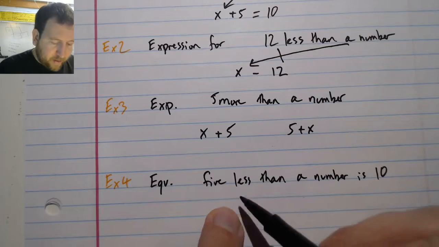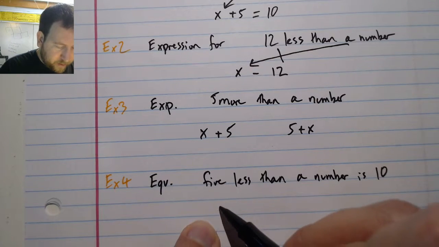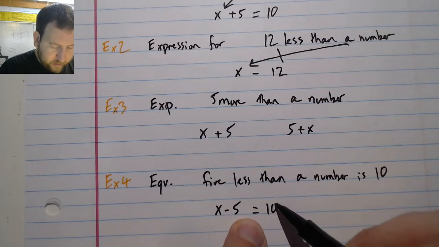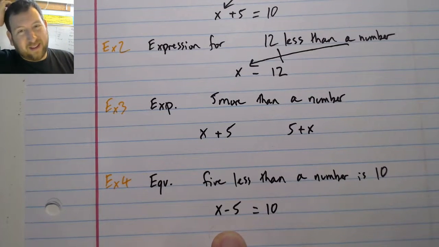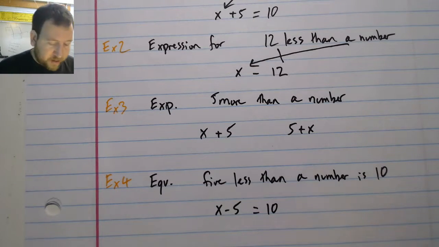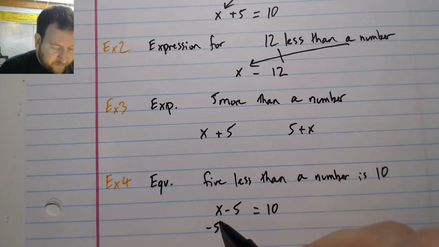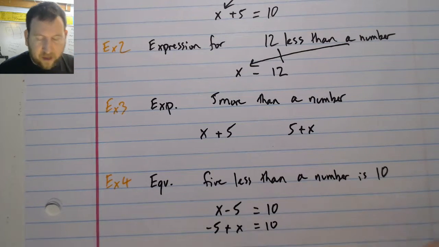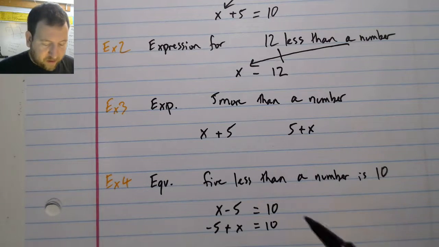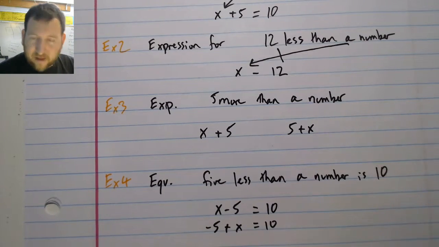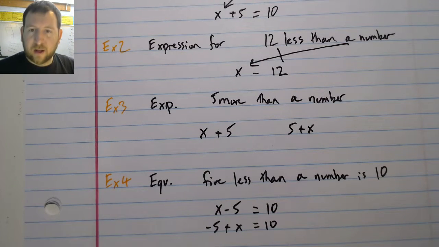All right, 5 less than a number, so x minus 5 equals 10, because 5 less means like a negative 5, and I can put this however I want. Remember, I could also write it the other way, and I could write negative 5 plus x equals 10. It's the same thing, because in both cases, my answer is going to be 15. 15 plus negative 5 is 10, and 15 minus 5 is 10. All right, good luck, and go on.